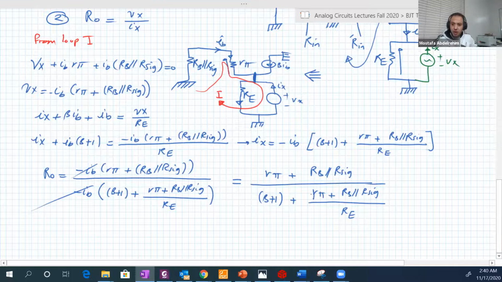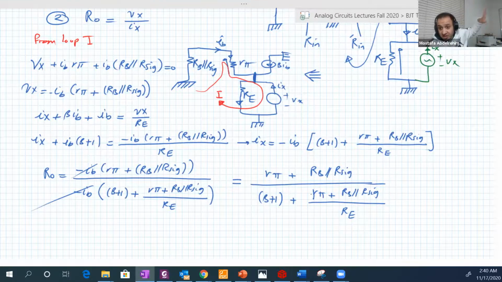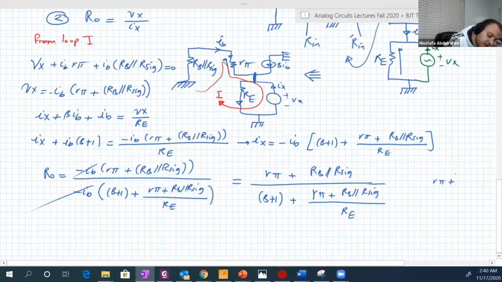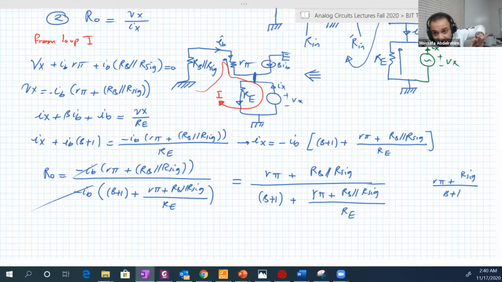Before we continue, remember in the first example that I gave for the common collector, RO was R pi plus R signal, both over beta plus 1. Okay, so we need to check now if we are in the correct path or not.